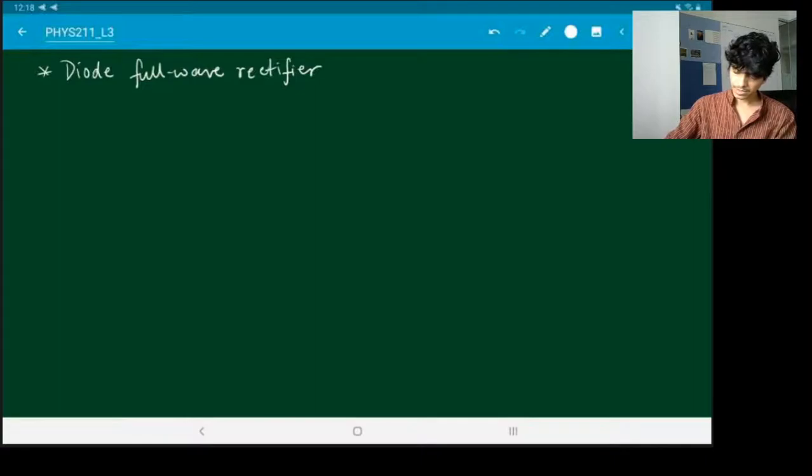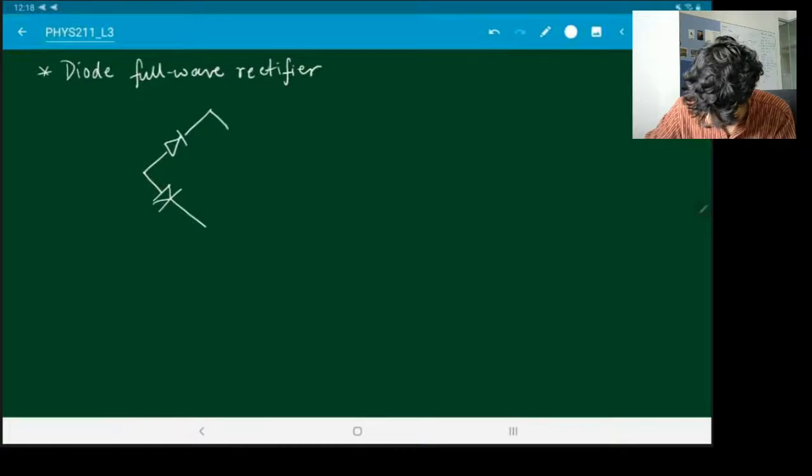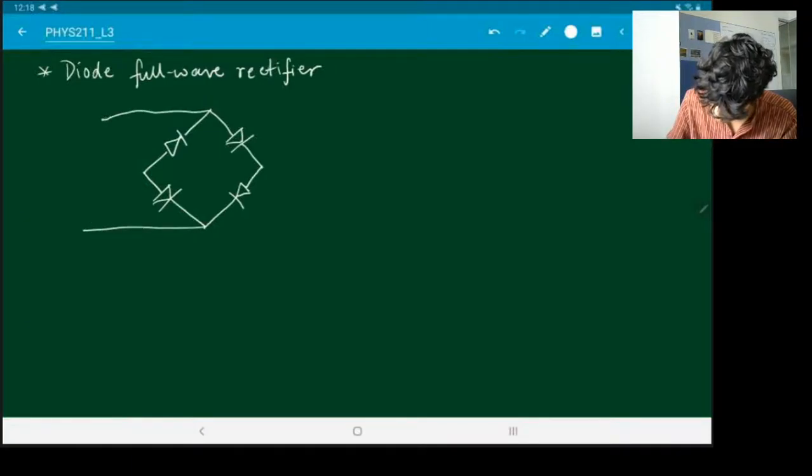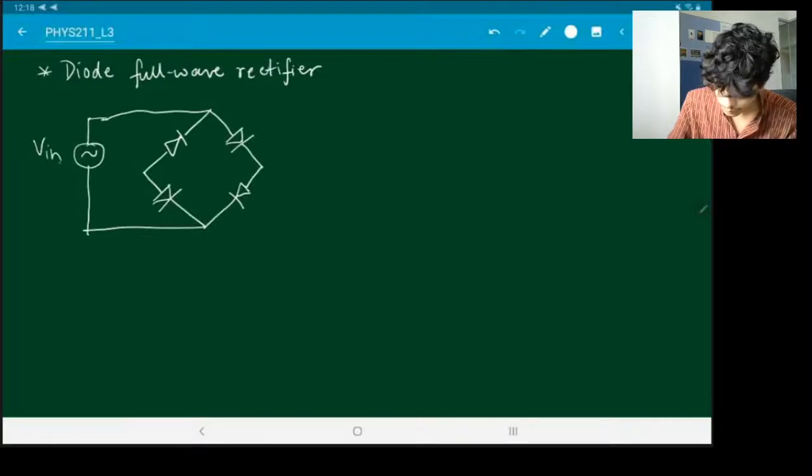The circuit for this is very similar to what you have seen for Wheatstone's bridge. So the circuit looks something like this. So let's call this the input voltage.